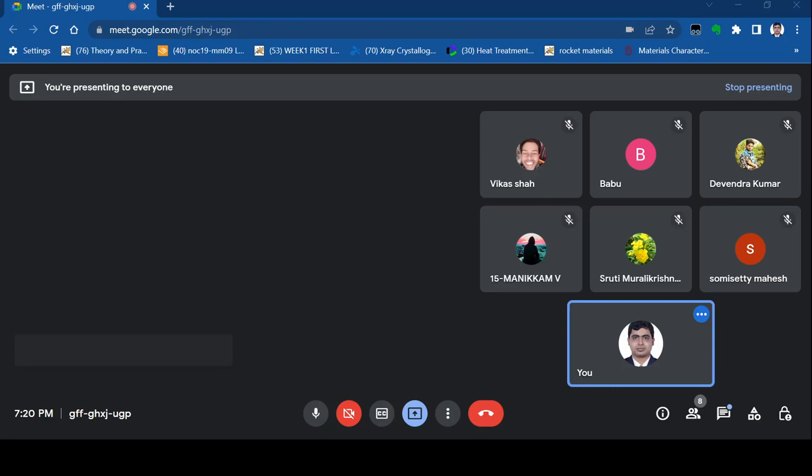Then how do you calculate the delta G star? You just put this value of R star in this equation, equation 1 suppose. So you have to put the value of R star in this equation.